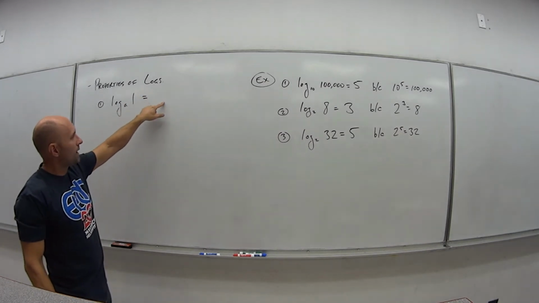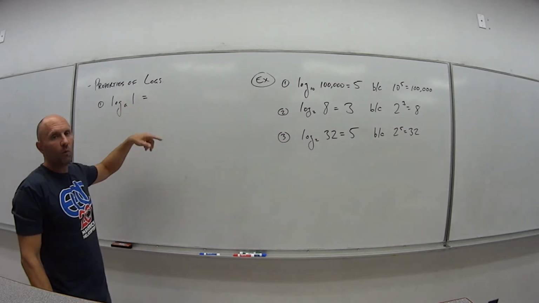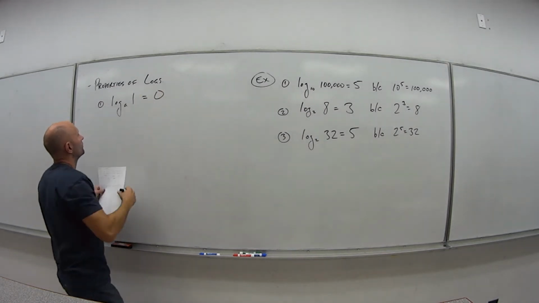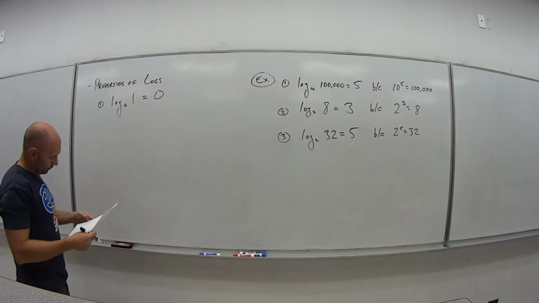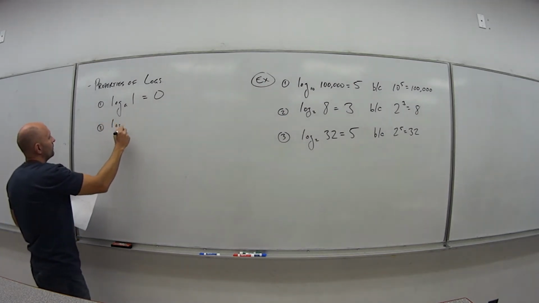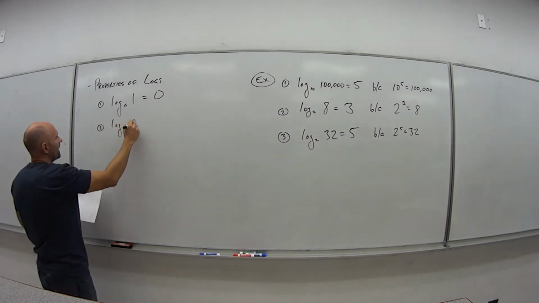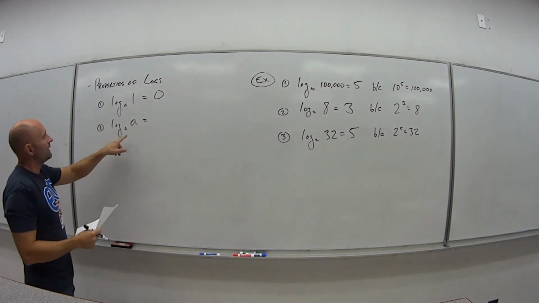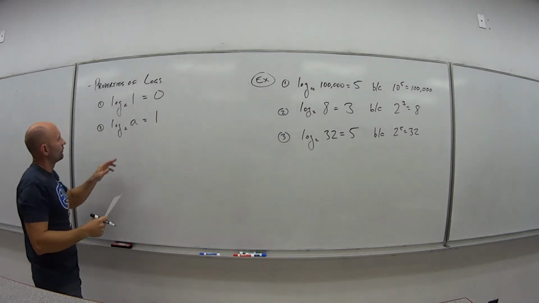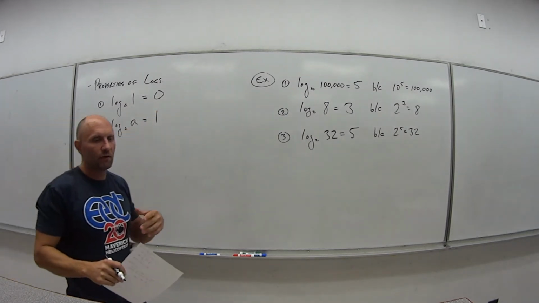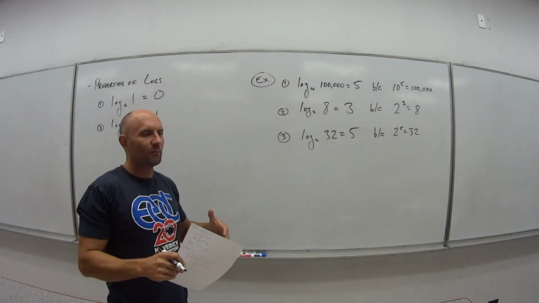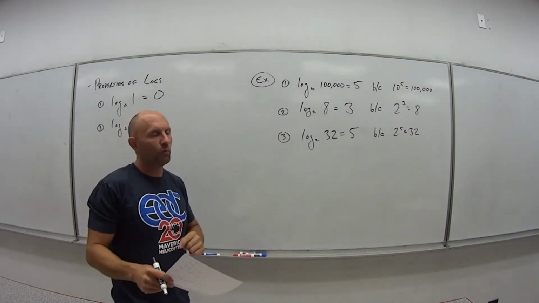A to what power gives me 1? Well, anything to the 0 power gives you 1. So log base A of 1 is equal to 0. Log base A of A, so A to what power gives me A back? Well, that's 1. So if these numbers are the same, if I have log base 3 of 3, that's 1. Log base 8 of 8, that's 1.